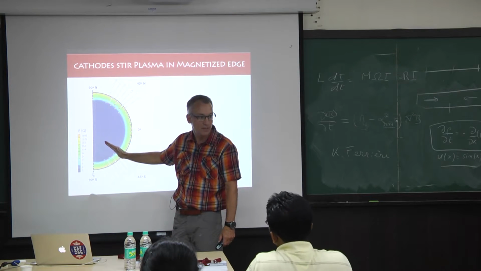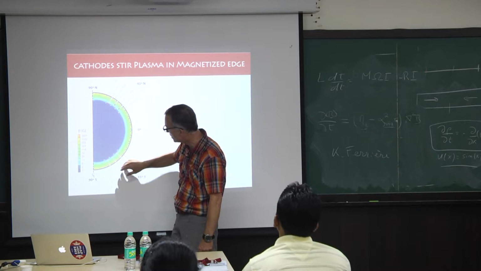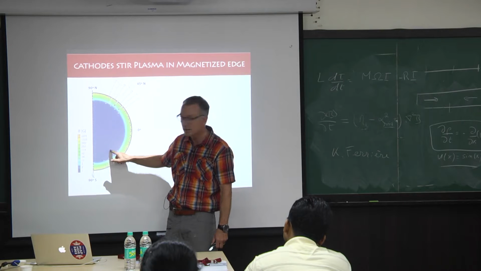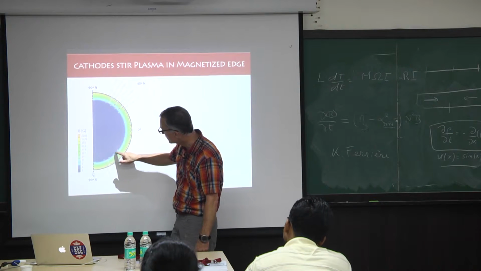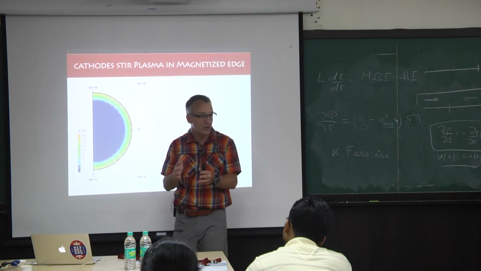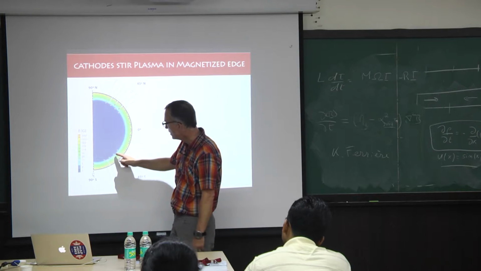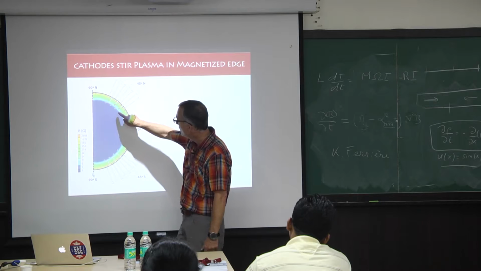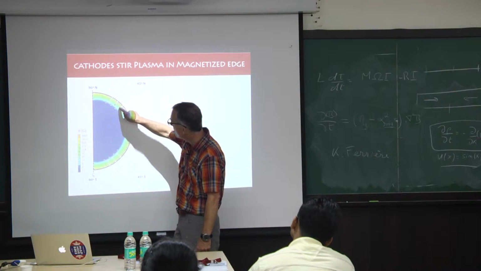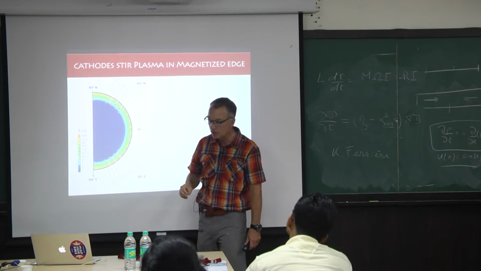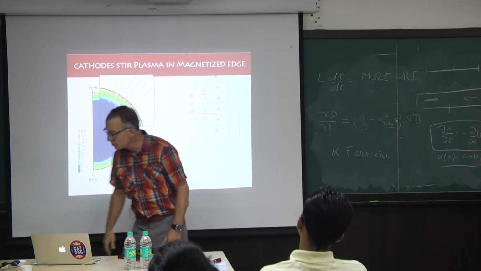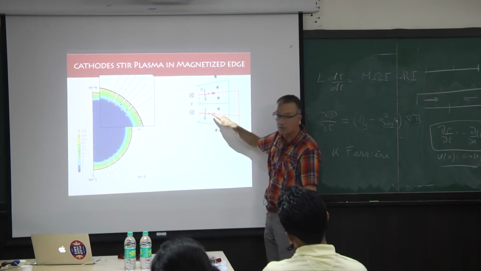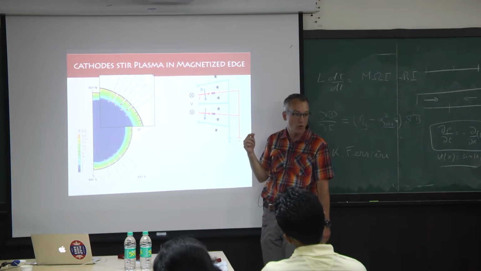We can insert them into the edge or through the edge. If we put them in far enough, they're in the unmagnetized region in the center. We also have anodes adjacent to the cathode, so that we can drive currents to the anodes in some way. If I pull some cathodes back into the magnetized edge, that gives me this geometry that I measured. Where I pull the cathode back in, I have the cross field currents that give me the torque.